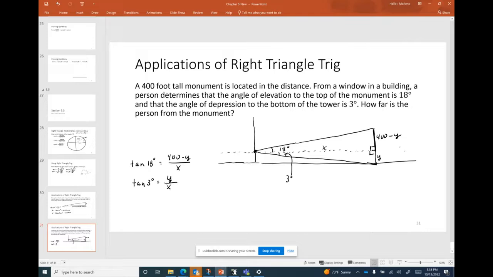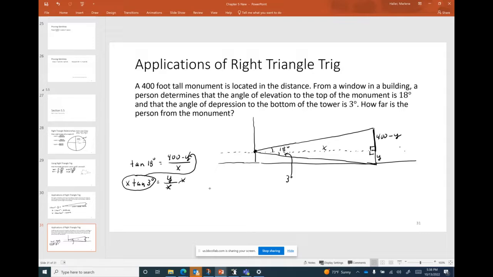So look at this lower equation. That looks easier, so I'll solve this lower equation for y. I'll just multiply both sides by x. Now I have this expression for y, x times tangent of 3 degrees. I'm going to substitute that expression for y in terms of x into the other equation.